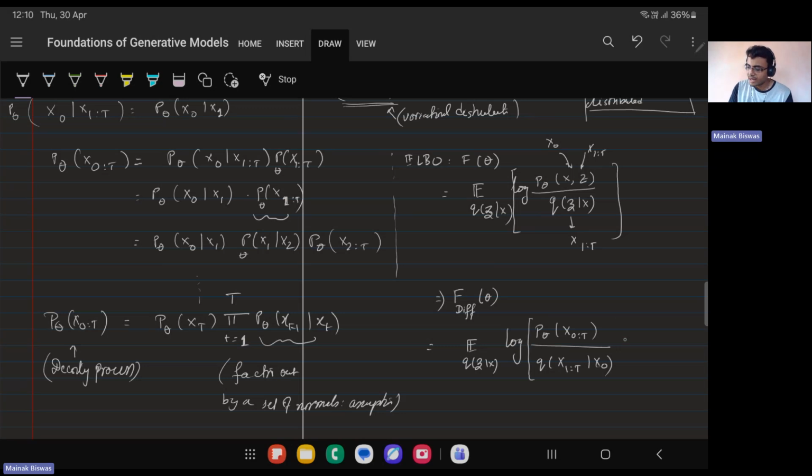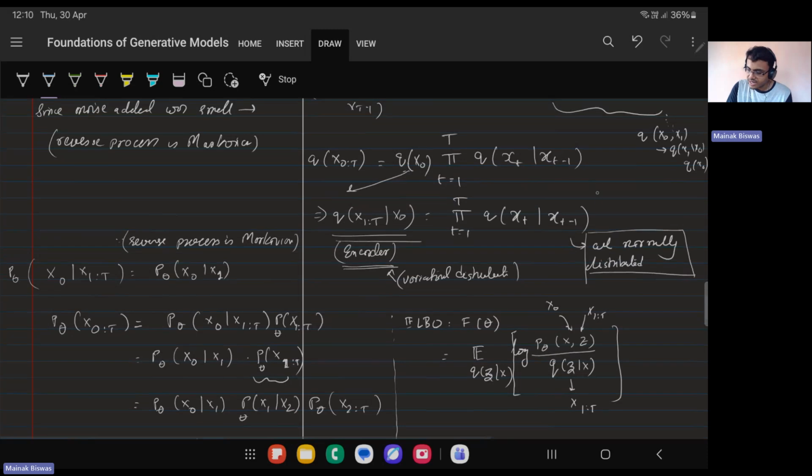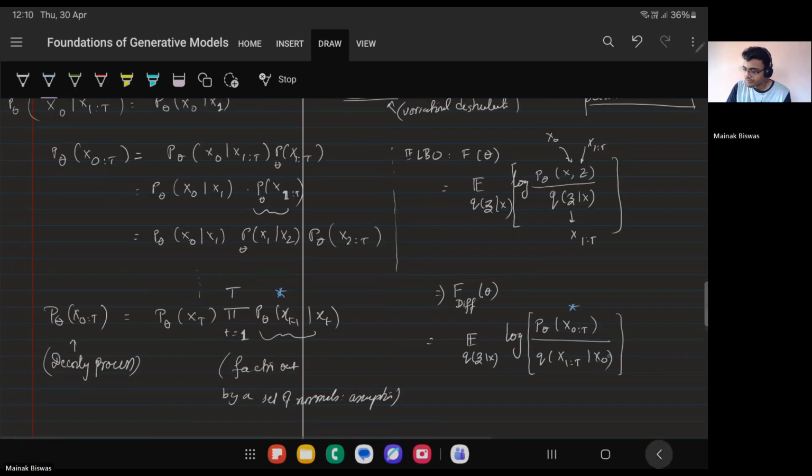This is my ELBO. As soon as I write this, you can see I have already defined this. I'll put a star and a dagger. This is my star, already defined, and this is my dagger, already defined. So I can just put these values in and factorize, because each of these terms will be factorized out and I'll get a clean set of individual terms.